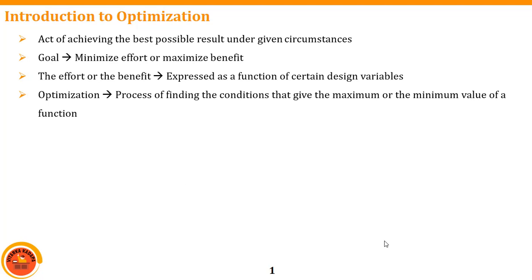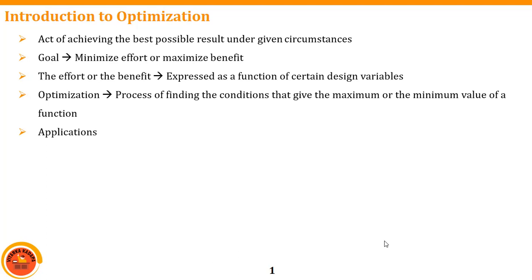For example, suppose my objective is to purchase an automobile which has the best tires for dirty roads and good interiors for a pleasant ambience. With these two design variables, I will draw a function maximizing the capacity of the tires as well as maximizing the interior ambience. That becomes my function, and for this function I have to decide whether to go for maximization or minimization.